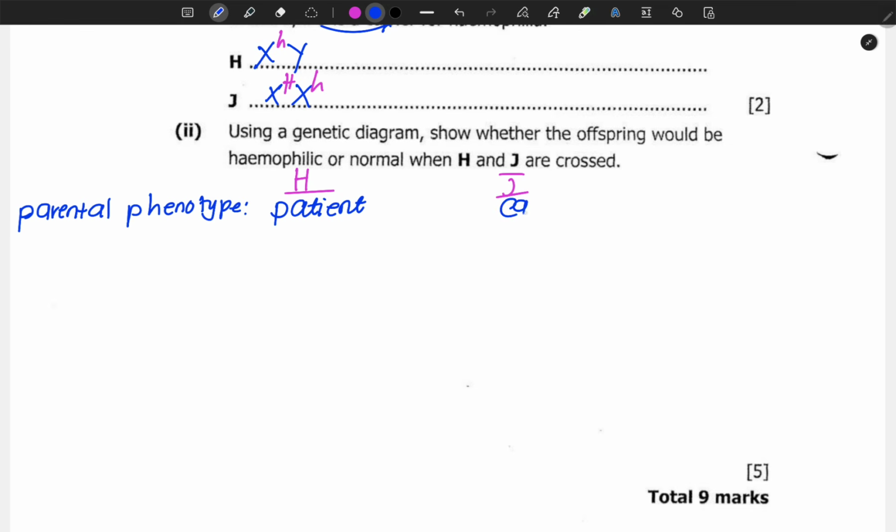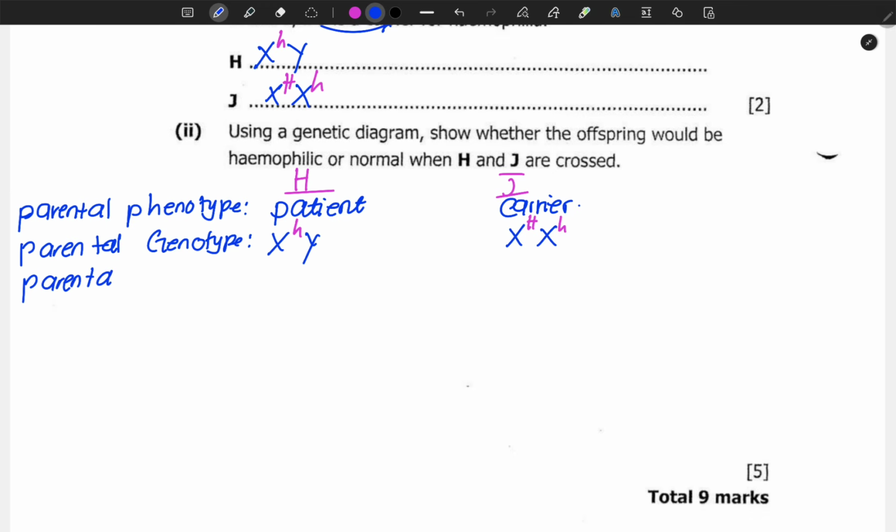J, carrier. Then you move on to parental genotype. So parental genotype for H, this. Then we move on to parental gametes.